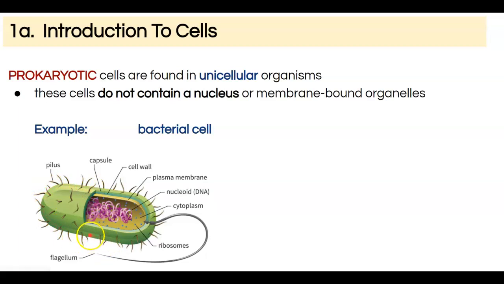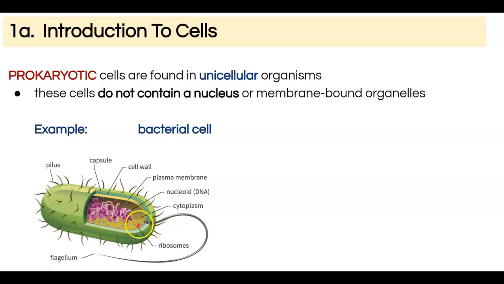So, this cell has a cell membrane, and some of them have a cell wall, but more importantly, what I want you to notice is that inside, the cell is not very complicated. It has a region that is like a nucleus, but notice it's not membrane bound, right?